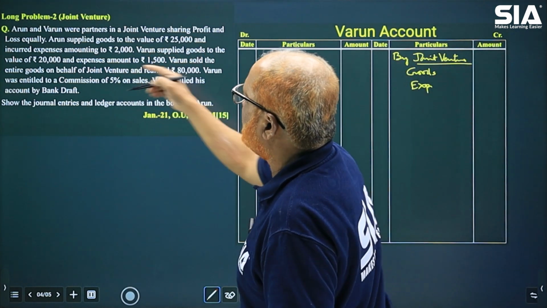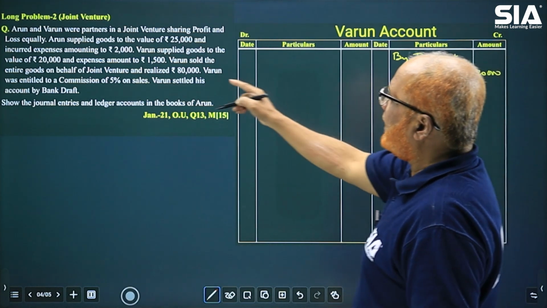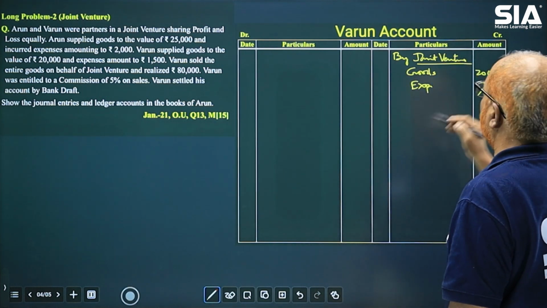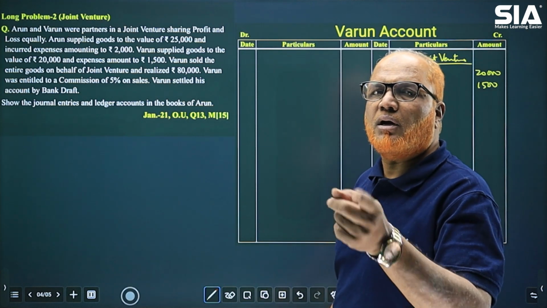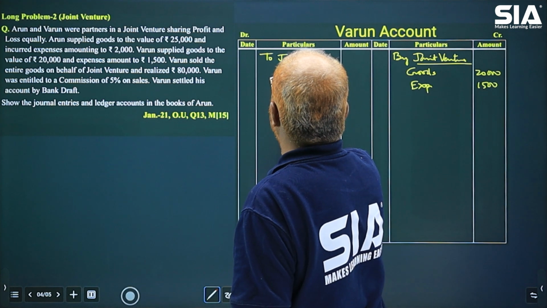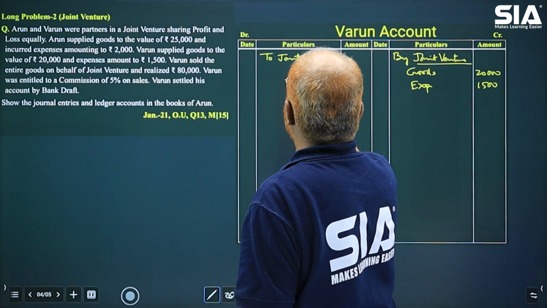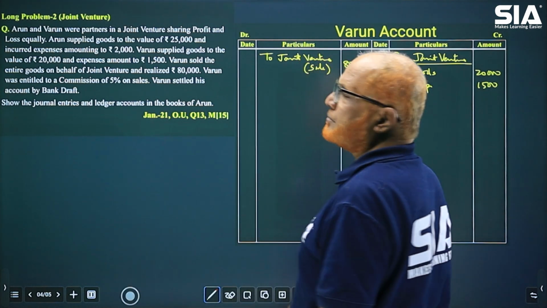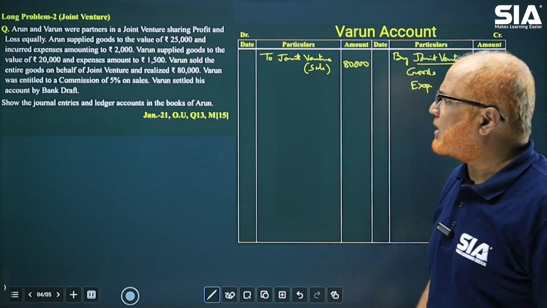Varun supplied goods to the value of 20,000 and paid expenses amounting to 1,500. Then Varun sold the goods. So Varun account debit side to joint venture, sale, that is 80,000. Same entry is what we have passed. We are posting it into the ledger accounts.